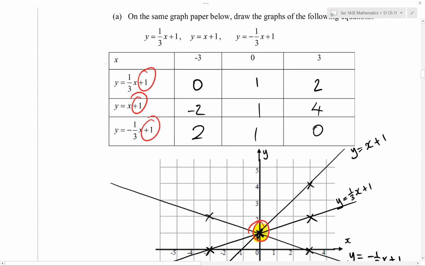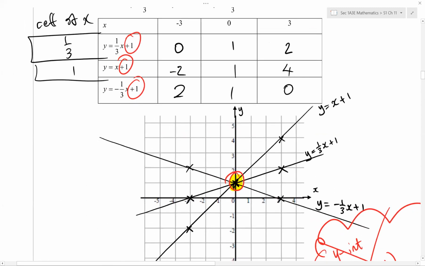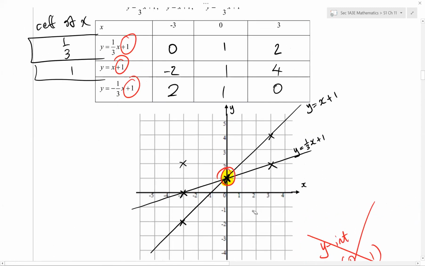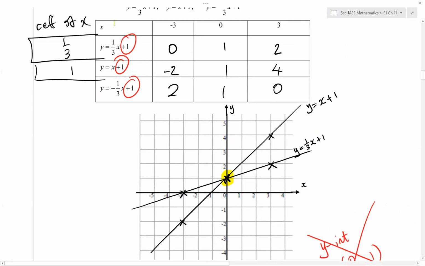Okay, so earlier on we said that this has a coefficient of x to be 1/3 as well as 1. Let's focus on the 1/3 and 1. So I'm going to remove the other graph. These two graphs, which one is steeper? Which one is more steep? Okay, both also plus 1. So I want you to recognize which graph is more steep. What is the equation of the graph that is more steep? Y equals to x plus 1 is more steep.